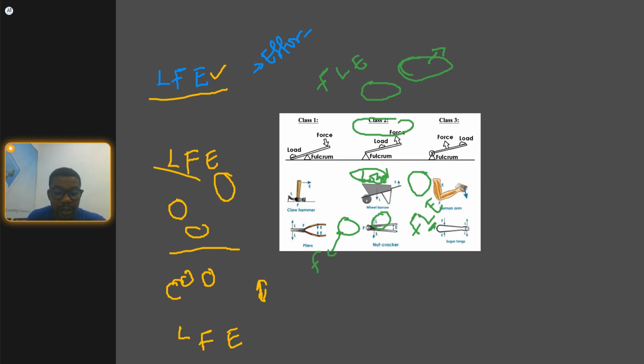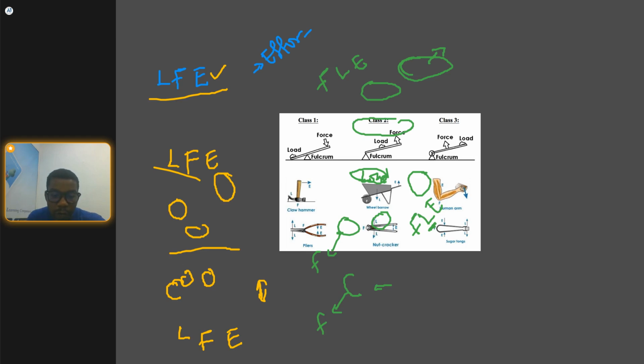Now we have the nutcracker also. Another example is the nutcracker. This point here is the fulcrum, and inside it is where you put the load. With the nutcracker, you put the nut inside the device to press it.